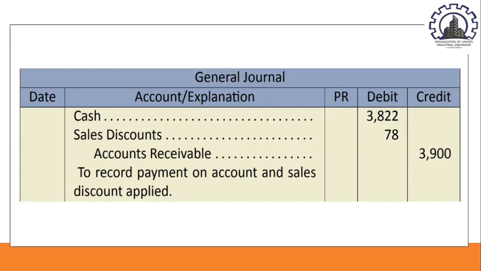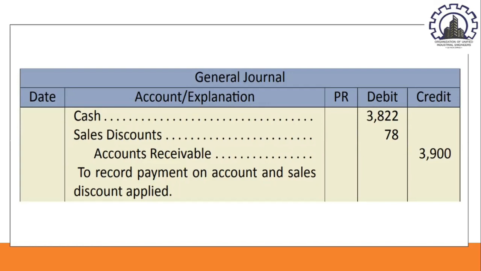Details from the sales returns and allowances and sales discounts are often omitted because they are immaterial in amount relative to total sales. However, as already stated, separate general ledger accounts for each of sales returns and allowances and sales discounts are useful in helping the management identify potential problems that require investigation.